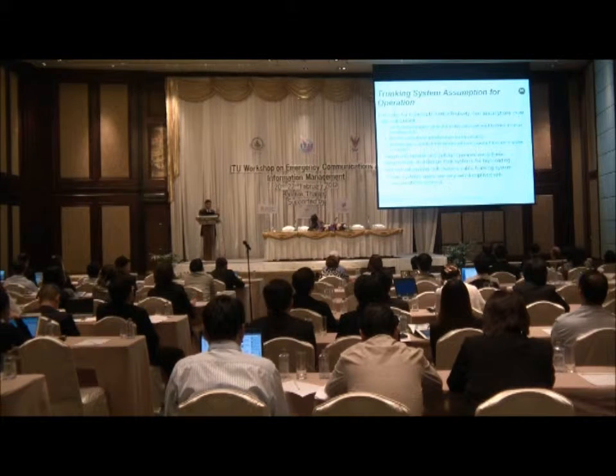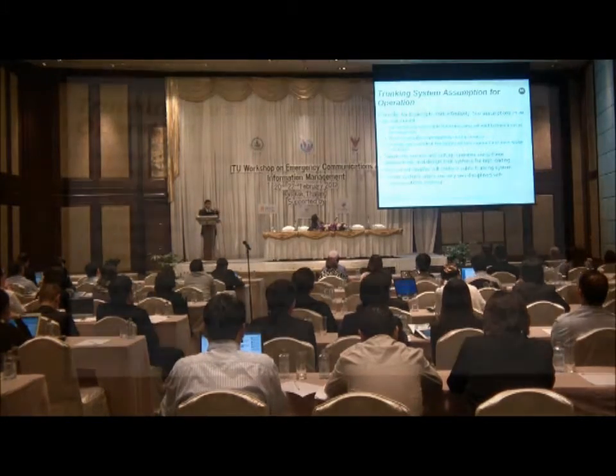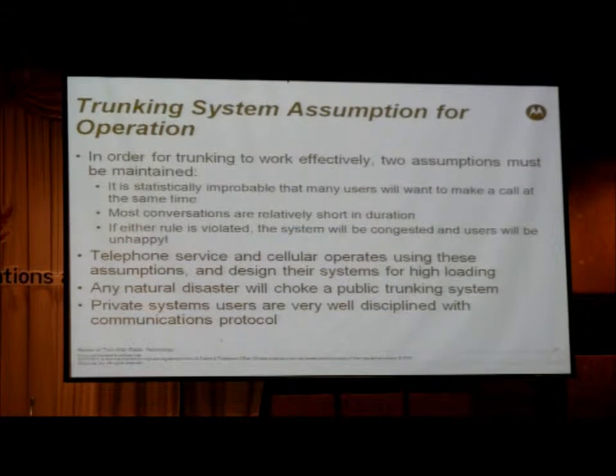For a trunking system to work effectively, there are basically 2 key assumptions. One, it's statistically improbable that many users will want to make a call at the same time. So that's why you have staggered times, and therefore you are able to share those resources. And two, most of the conversations are short, and you need that channel only for the duration of that, and immediately after that you can release the channel.